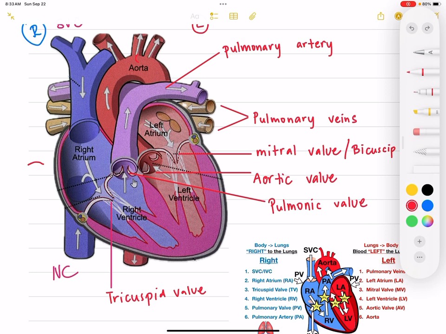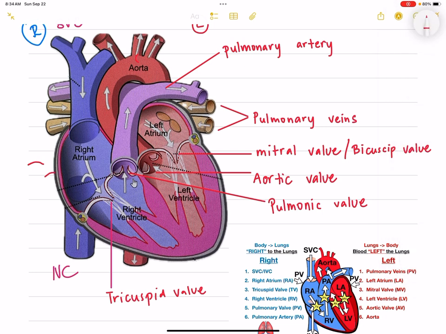The atrioventricular valves separate the atrium and the ventricle. So here is our atrium and here is the ventricle, and the valve separates them. On our right side, it is called the tricuspid valve.